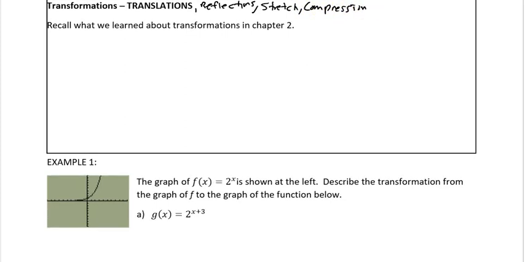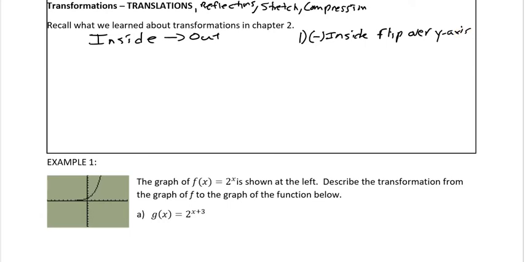So in chapter 2 we learned, first of all, we work from the inside out. When we start on the inside, the first thing we do is the negative, the multiply by a negative inside, which is a flip over the y-axis.